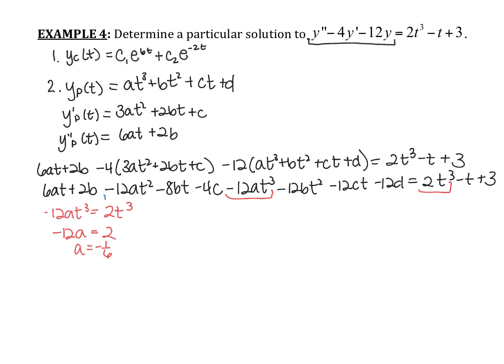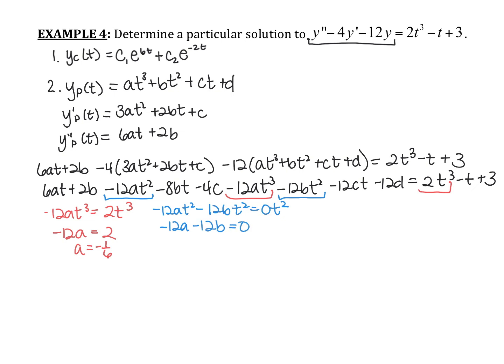I don't have any t squared on the other side, but I do have negative 12a and negative 12b. So negative 12at squared minus 12bt squared equals 0t squared because there isn't a t squared. So we get negative 12a minus 12b equals 0.